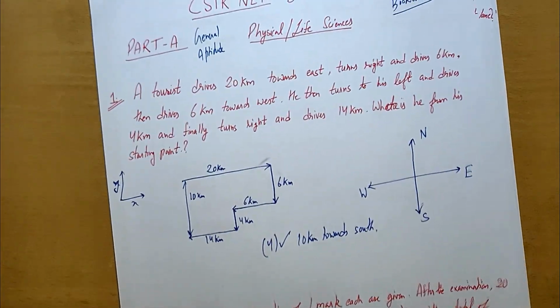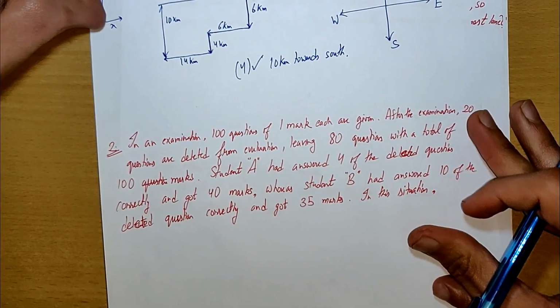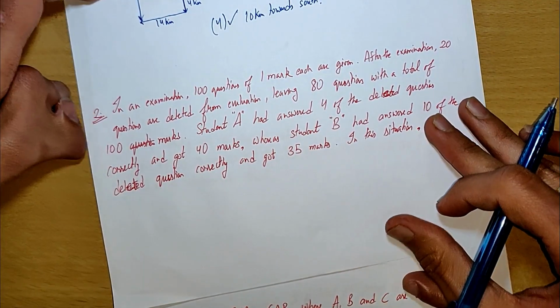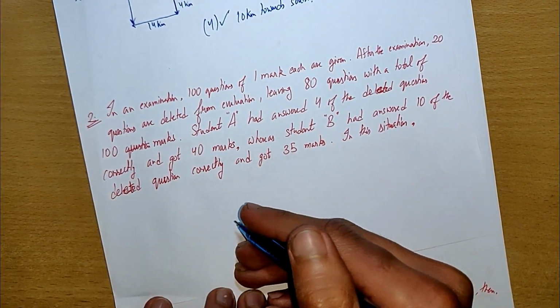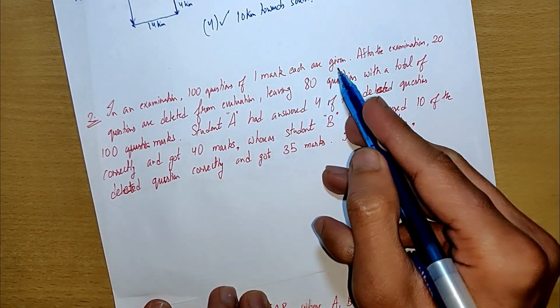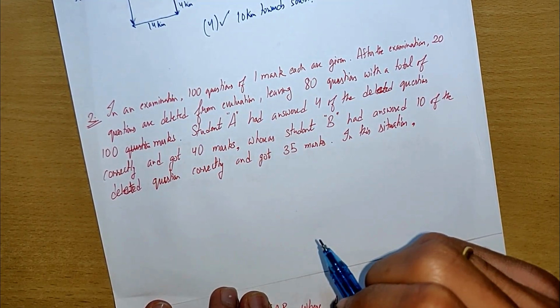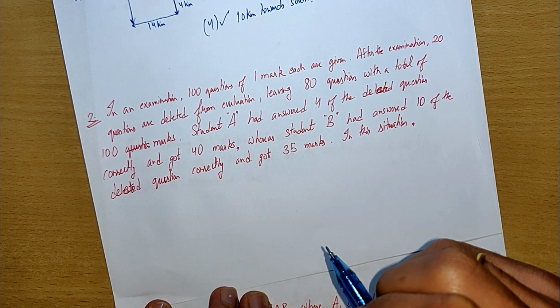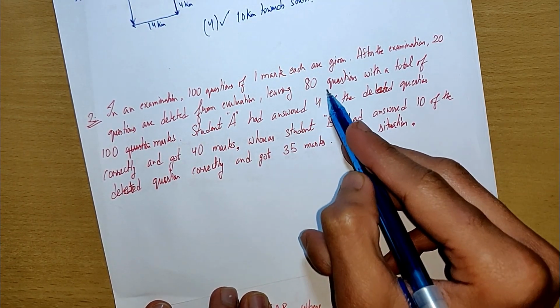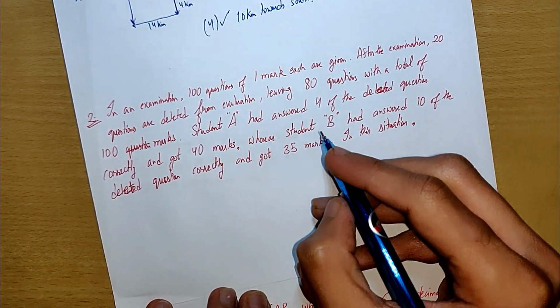So next question. In an examination, 100 questions of 1 mark each are given. After the examination, 20 questions are deleted from evaluation, leaving 80 questions with a total of 100 marks.